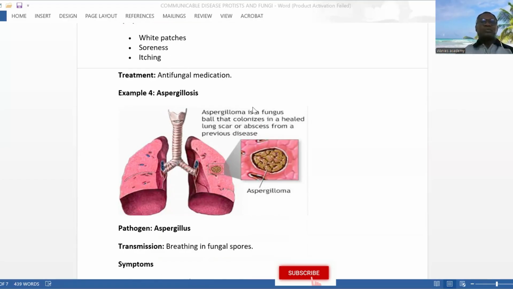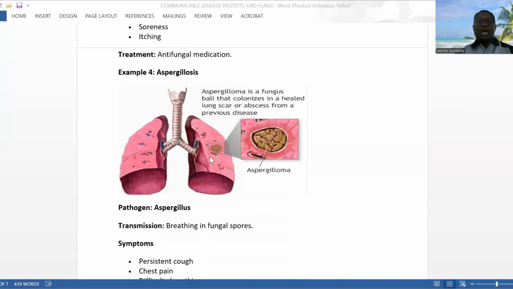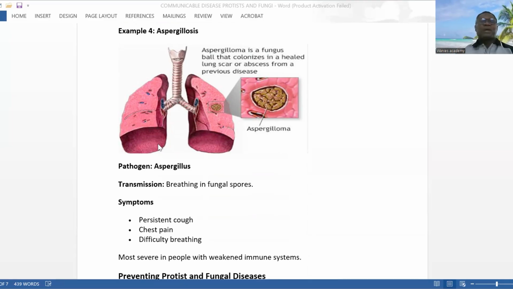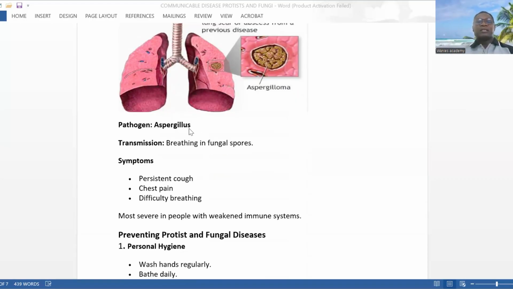The fourth fungal disease we'll discuss is aspergillosis. Aspergillosis basically affects the lungs, as you can see in the diagram. It is caused by the pathogen Aspergillus, which is a fungus. It is transmitted through breathing in fungal spores.